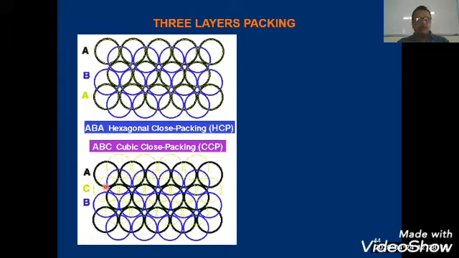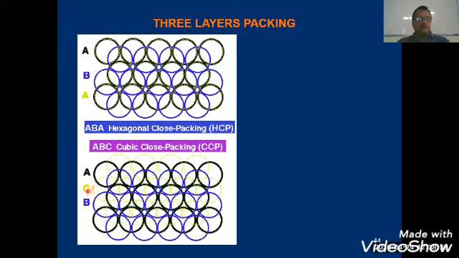So here you are having this A layer at the bottom, and over A you are having the B layer. The atoms of the B layer, these blue circles, represent the blue atoms. Black circles represent black atoms, and these blue atoms are not above the black atoms.